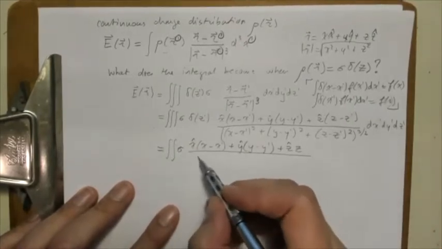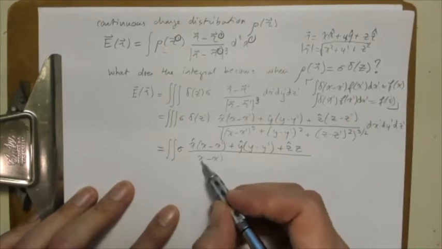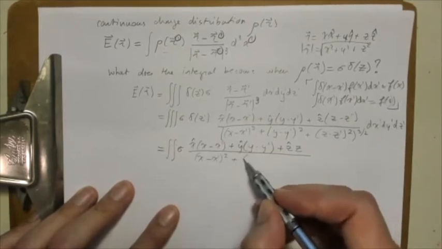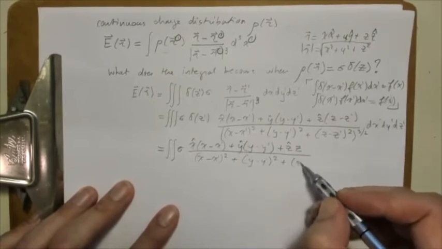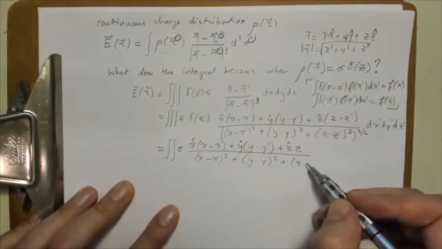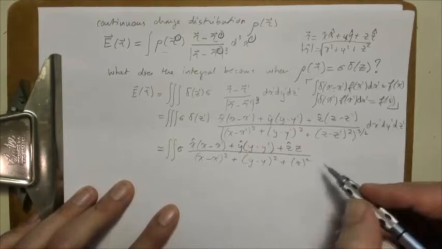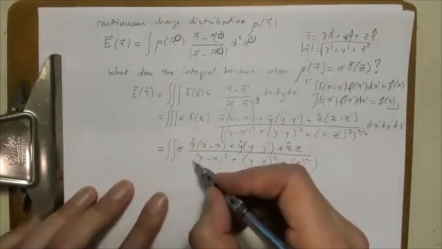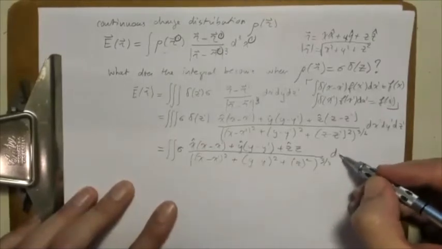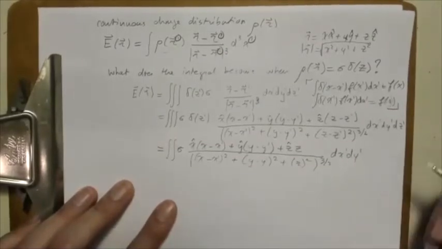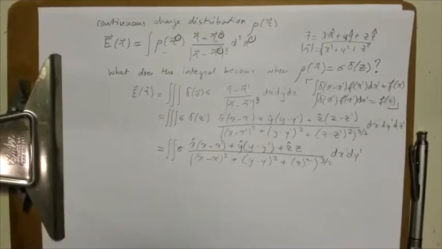Okay, and then here we have (x − x') squared, (y − y') squared, plus z squared, right? Because z' is 0, to the 3/2, and then dx', dy'. All right.